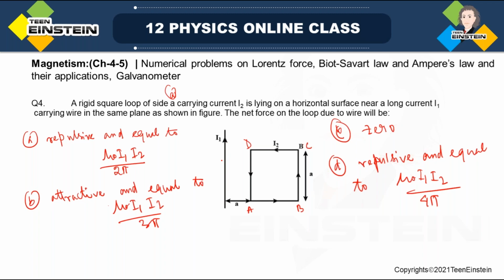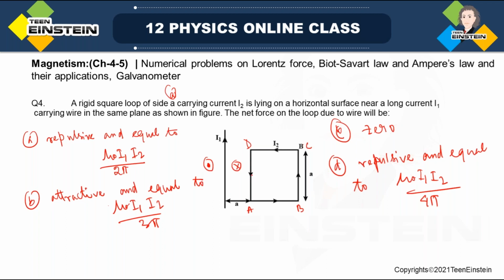So obviously you know that this current carrying long wire will produce a magnetic field near its region, like near both sides, and the direction of the magnetic field will depend on the direction of the current. For this case, if you apply right hand thumb rule, the magnetic field will be inward here and outward over here. This will go into the plane, and here the magnetic field is coming out of the plane.